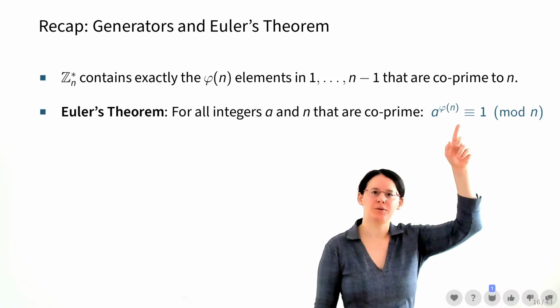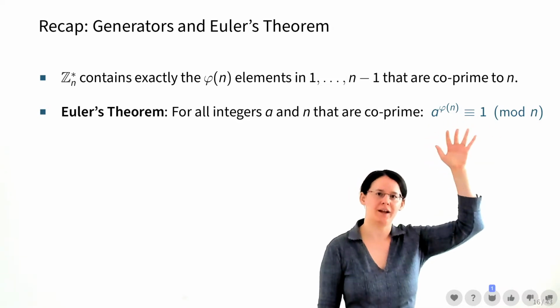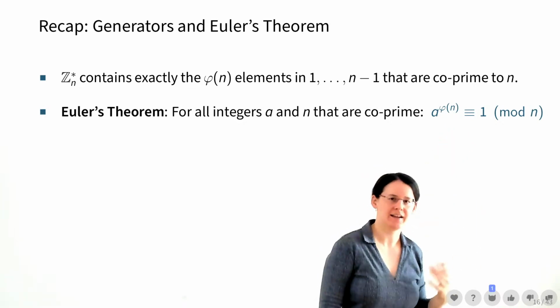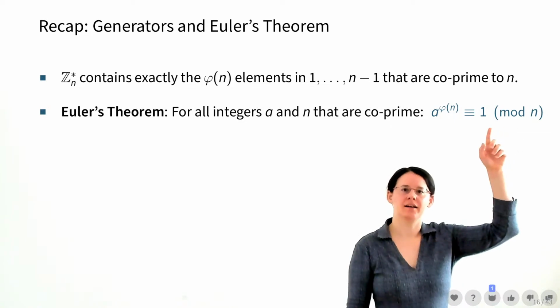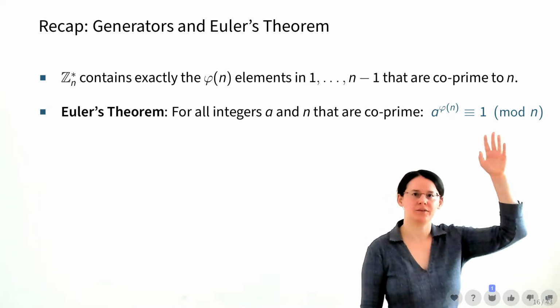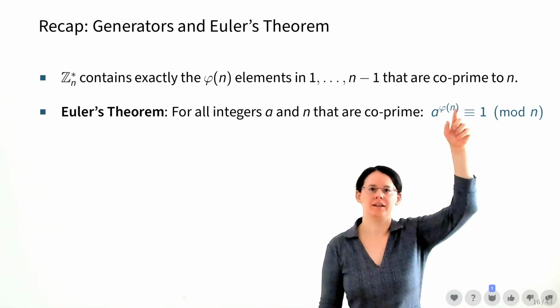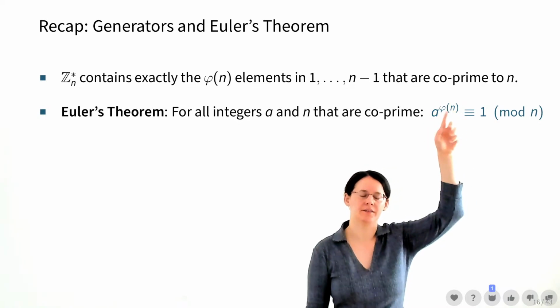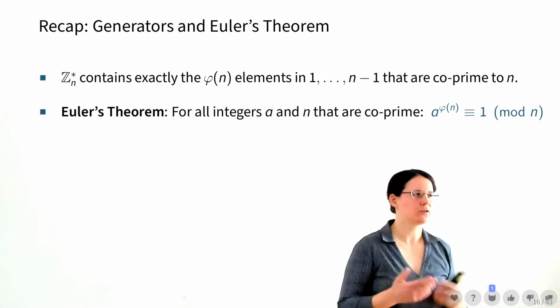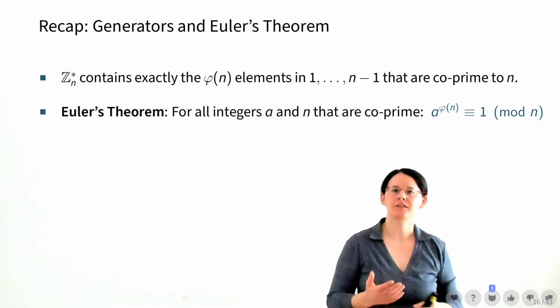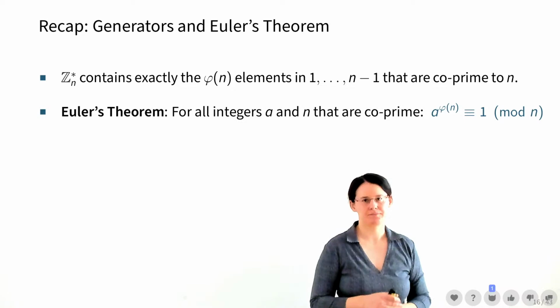Interesting. What happens if we do it again? So if we multiply this equation by a again, so by a squared, then we again also get a squared at the right hand side, because the a to the power of phi of n, which is 1, simply can be cancelled out, because it results in the neutral element.